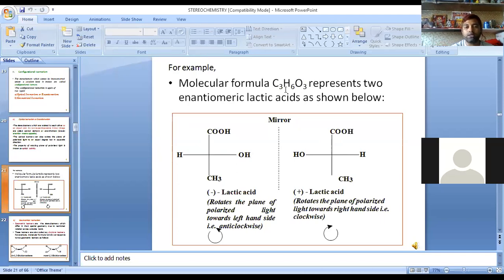The molecular formula is the same, C3H6O3. It represents two enantiomeric lactic acids.